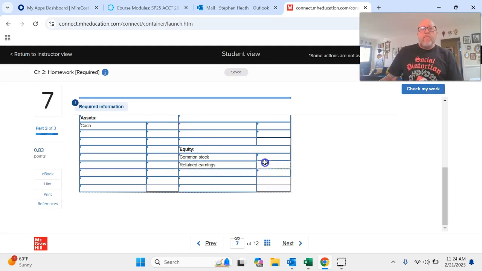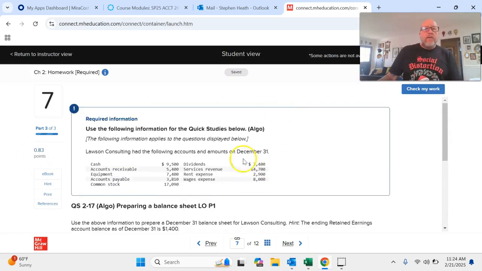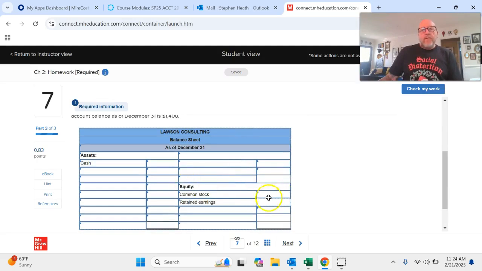Now remember, retained earnings comes from the statement of retained earnings that we calculated in the previous question. It does not come from a list of accounts. Everything else comes from a list of accounts. Common stock comes from a list of accounts.